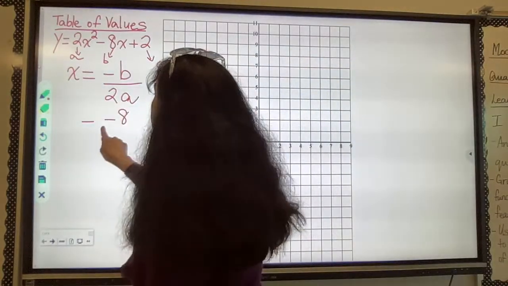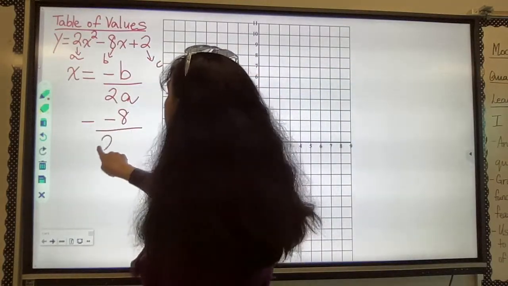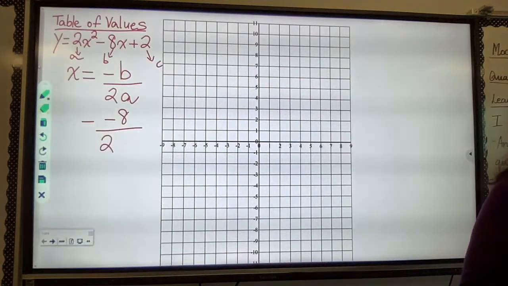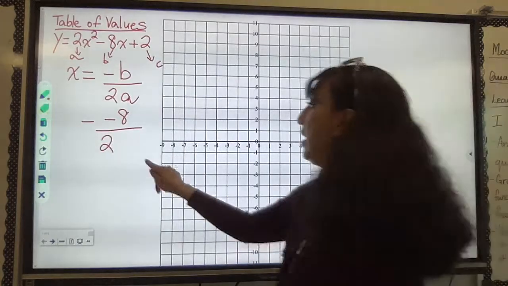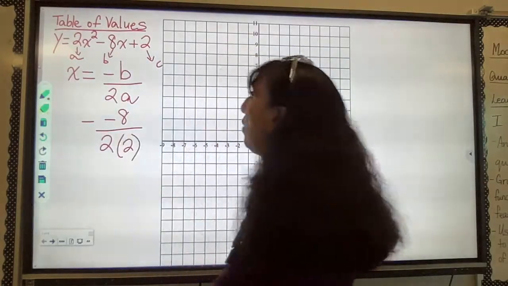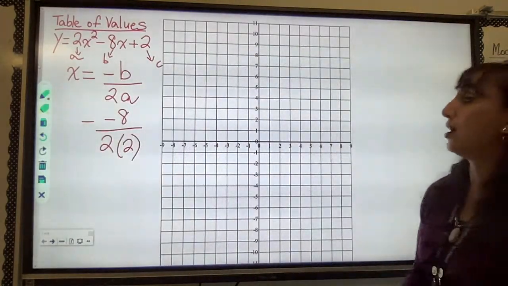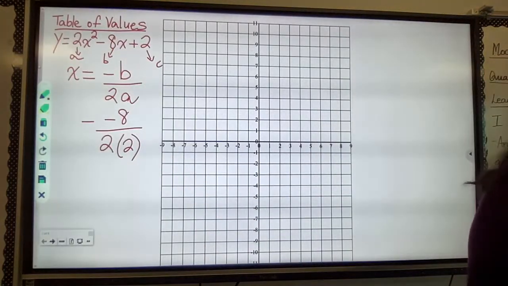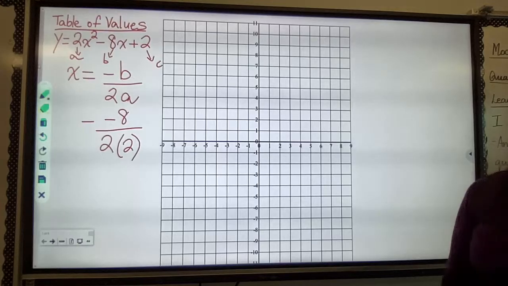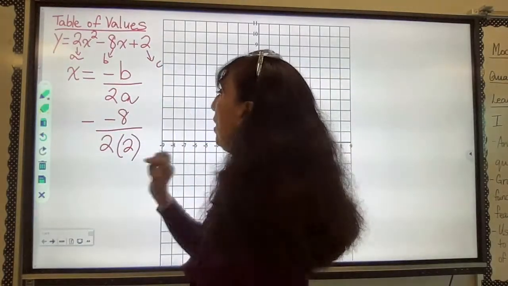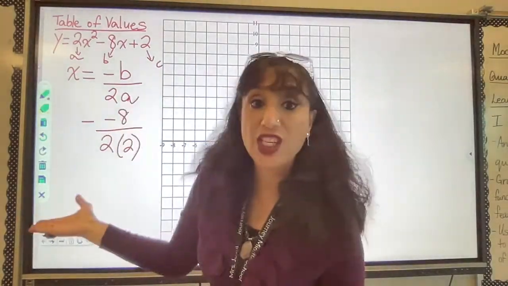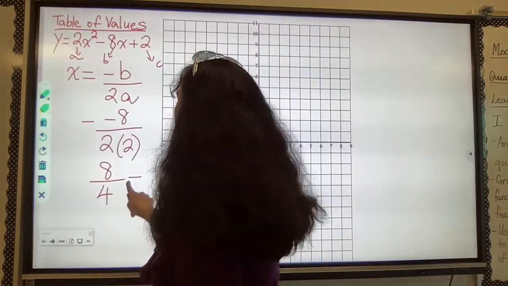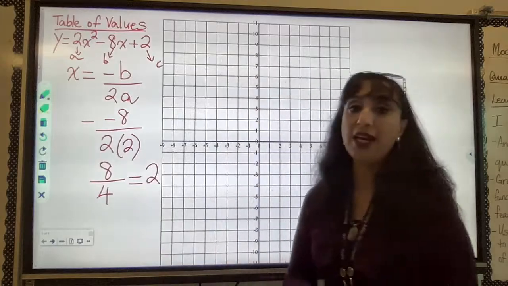Minus negative 8 over, what do I have? 2 times my a, and that is going to give me 2, because my a is 2. And so the opposite of negative 8 becomes positive, so that is saying 8 over 4, and therefore this is going to be 2.